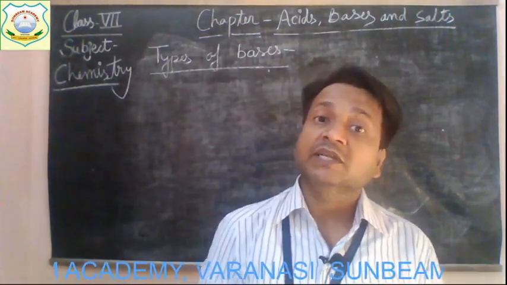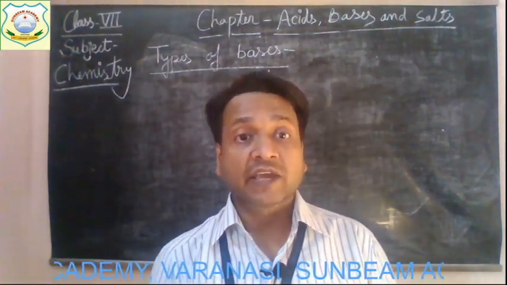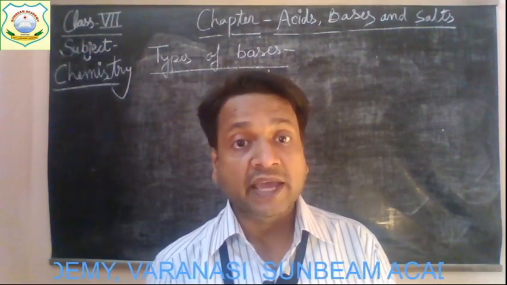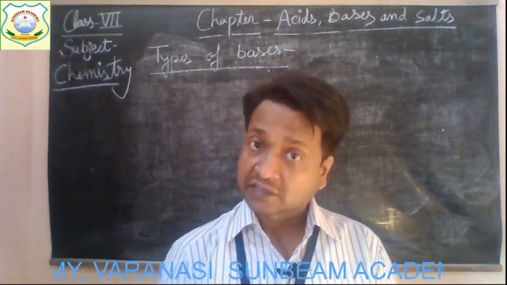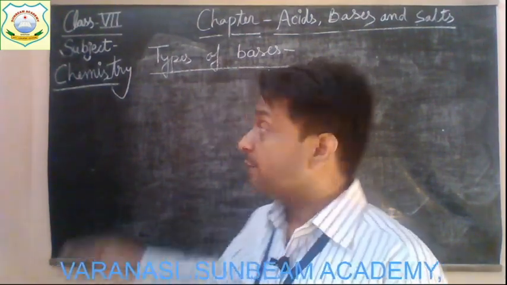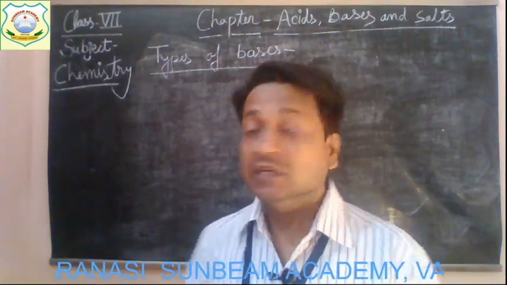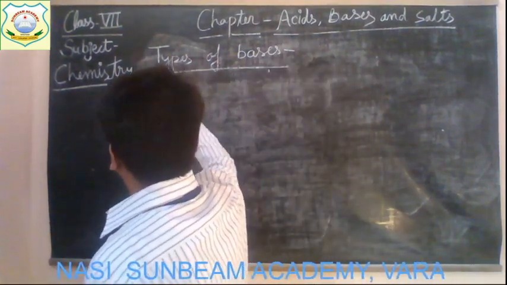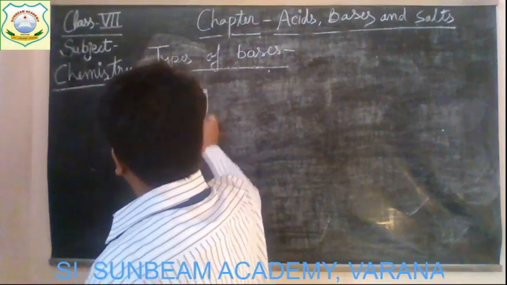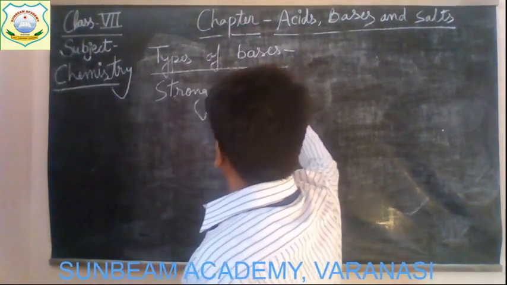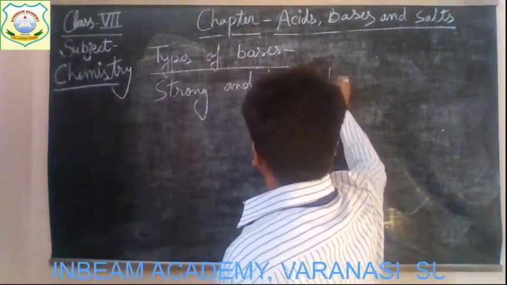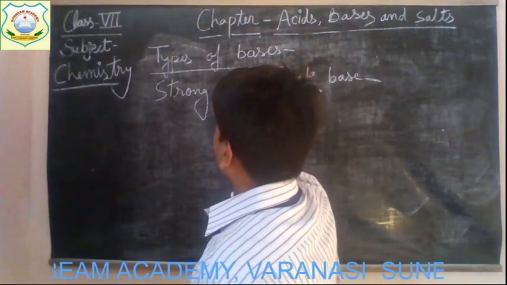Children, as we have discussed the types of acid as strong acid and weak acid, just like that, the bases are also of two types: strong base and weak base.